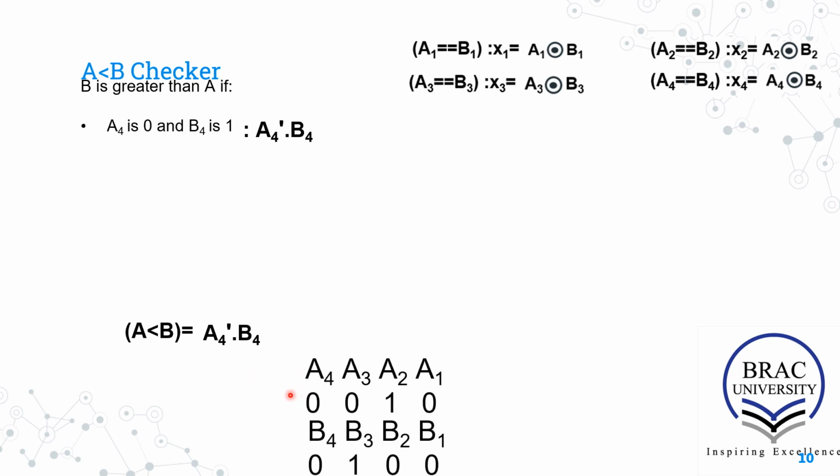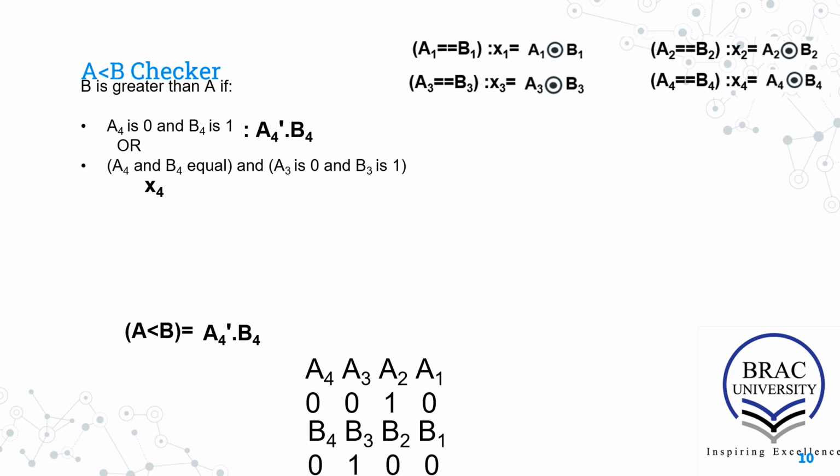Now, the second case where A is less than B, if A4 and B4 are equal, then we will look into A3 and B3. And here, if we see that A3 is 0 and B3 is 1, then we know that A is less than B. So, if we see that A4 and B4 are equal and A3 is 0 and B3 is 1, then we know that A is less than B. So translating this, A4 and B4 equal means X4.